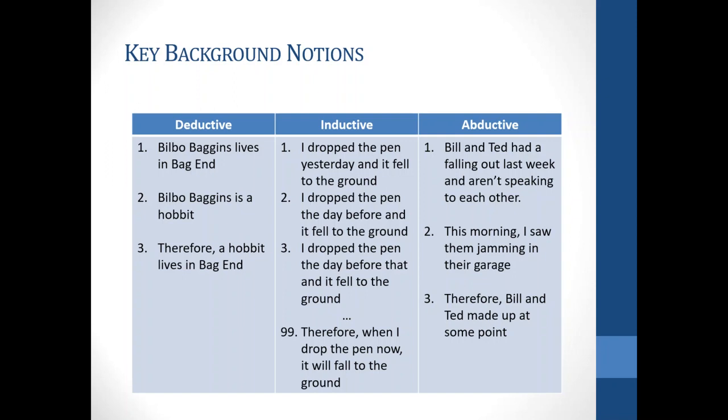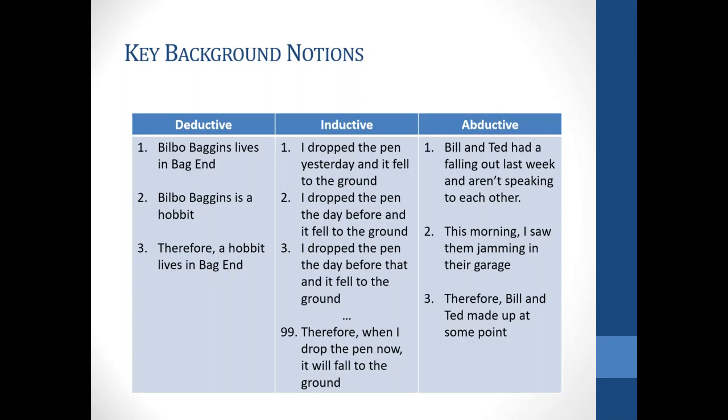Contrast that with our second type of argument, an inductive argument. You'll be familiar with this kind of thing. An inductive argument has premises of the following type: I dropped the clicker yesterday and it fell down. I dropped the clicker the day before that and it fell down. I dropped the clicker the day before that, so on, as many days back as you want. Conclusion, if I drop the clicker now, it will fall to the ground.